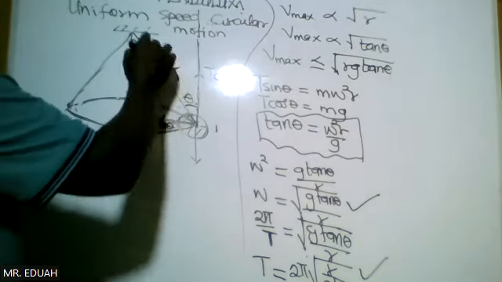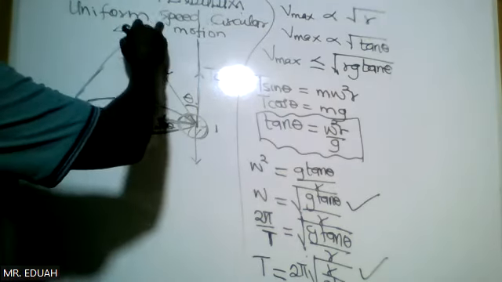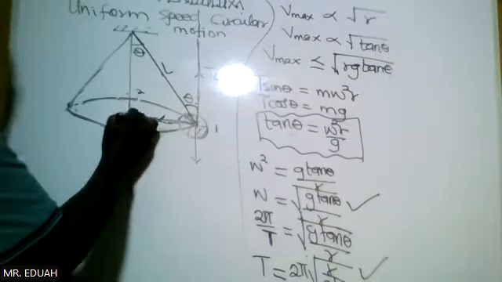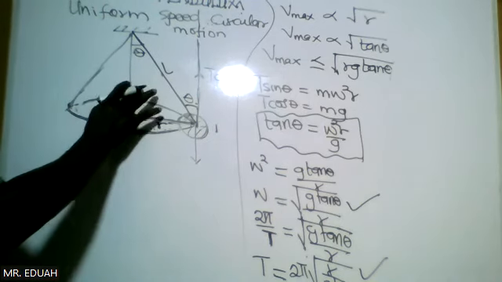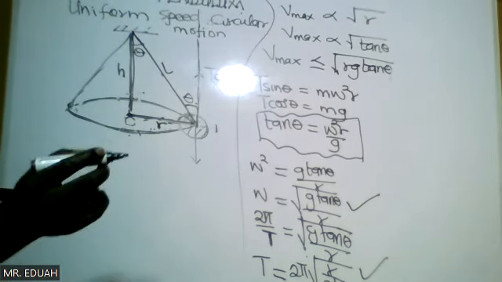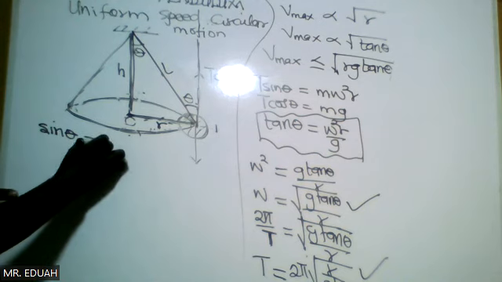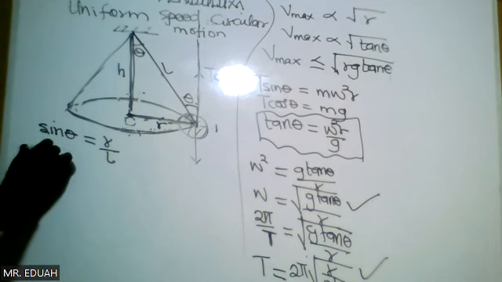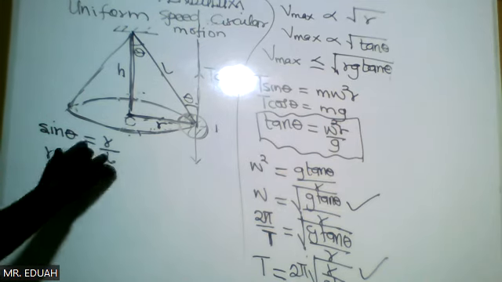If we ignore the tension in the string, this is also the length of the string L. From here to here, this is also the radius of the circle, R. Then assuming this vertical height is H, we can also deduce that sine of theta is equal to R on L. Therefore, the radius of the circle is equal to the length of the string times the sine of the angle theta.